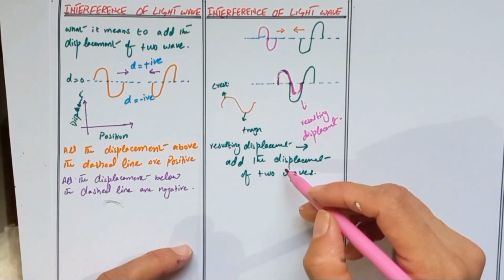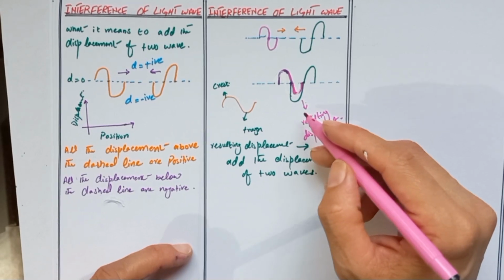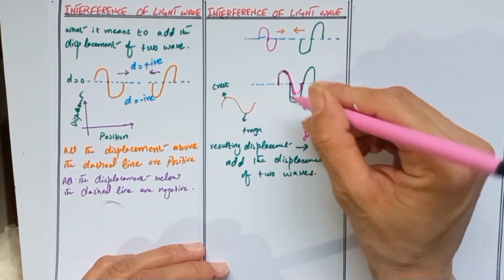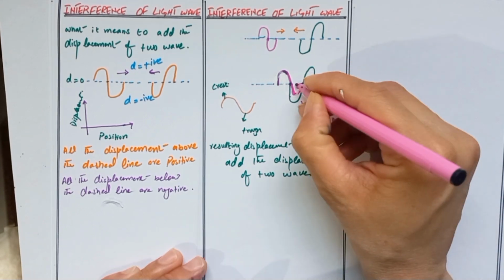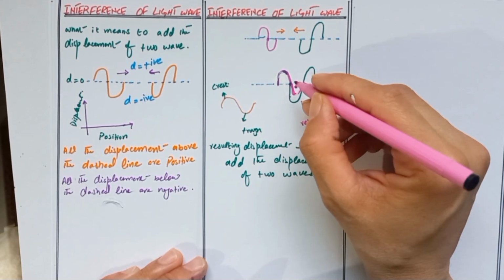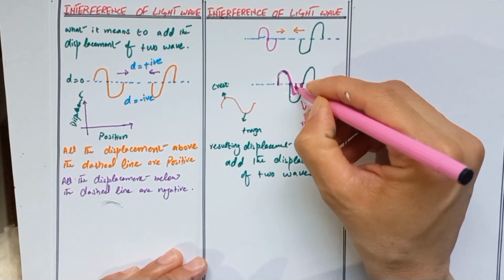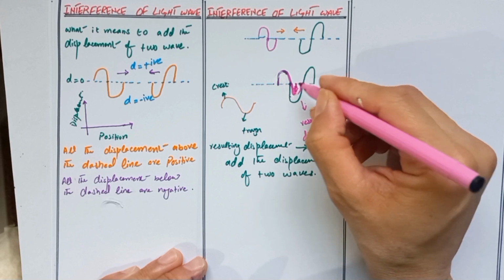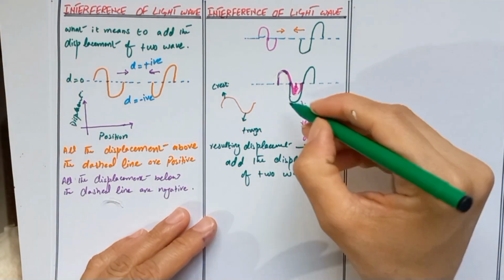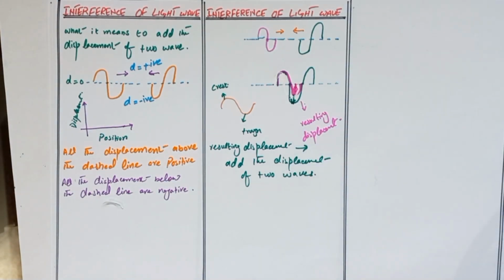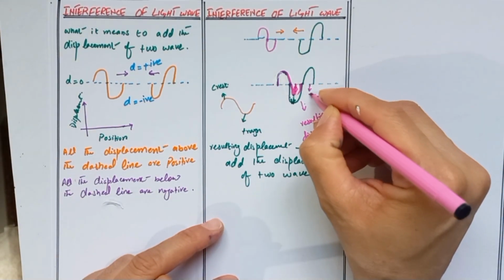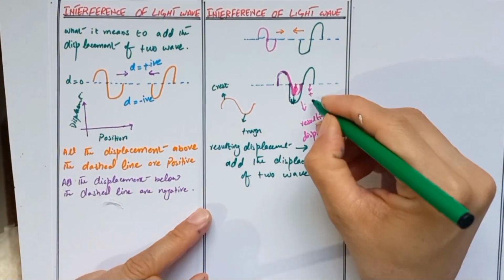We find the resulting displacement by doing the addition graphically. We draw an arrow representing the displacement at the point where we want to find it. We put the tail of the arrow at the zero displacement of the wave. The pink arrow represents the displacement of the pink wave, and this arrow represents the displacement of the green wave. We find the resulting displacement by adding these two.